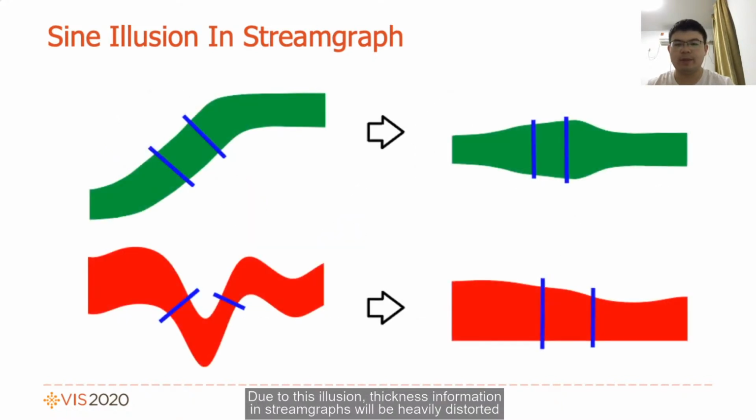Due to this illusion, thickness information in stream graphs will be heavily distorted due to the inconsistency between horizontal and vertical direction for the viewers. This way, the sine illusion will directly influence and harm the readability of a stream graph. Through a careful stream graph layout optimization, we can improve its readability by reducing the impact of this illusion.